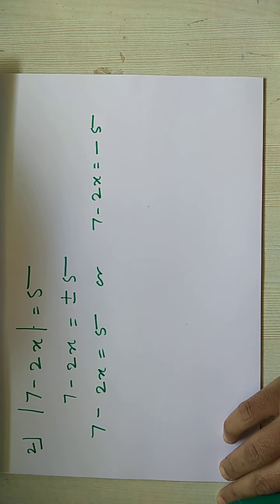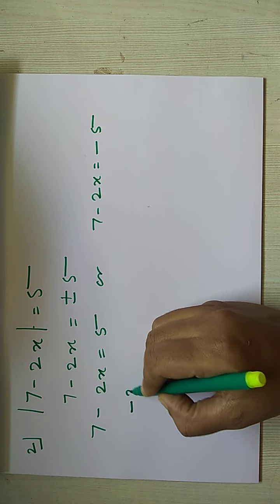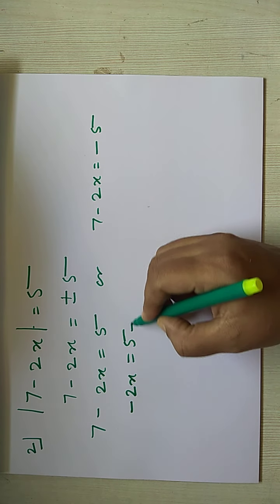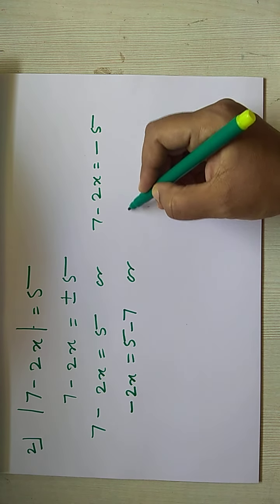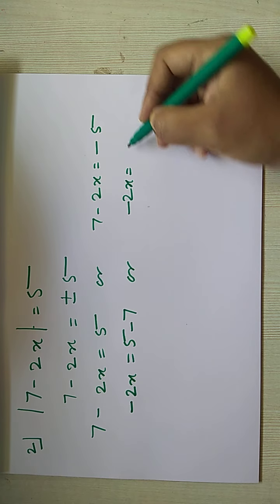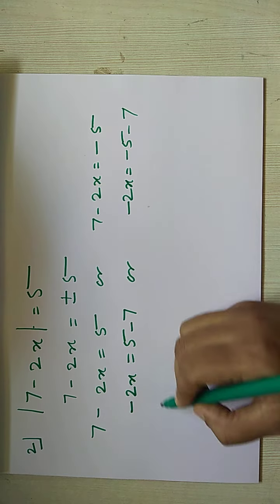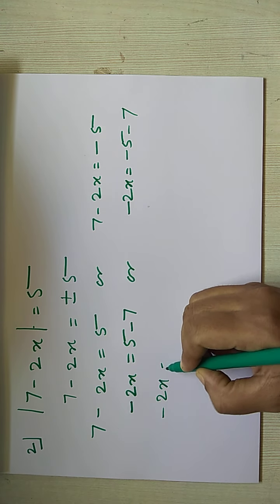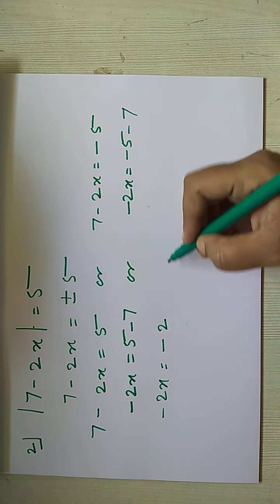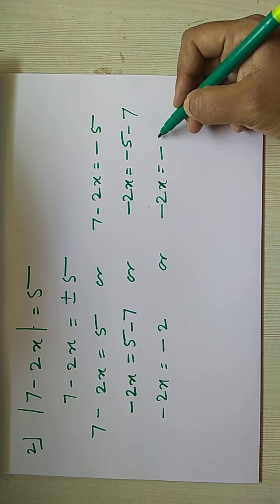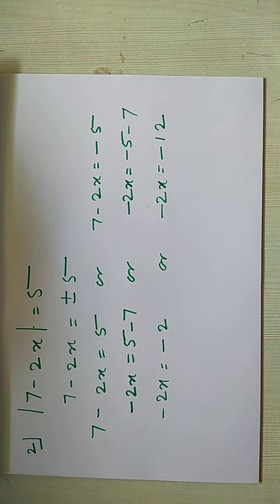So this will be 7 minus 2x is equal to 5. This 7 goes on the other side, minus 7, so minus 2x is equal to 5 minus 7, or minus 2x is equal to minus 5 minus 7. So minus 2x will be minus 2, or here minus 2x will be minus 12. 5 and 7 is 12.